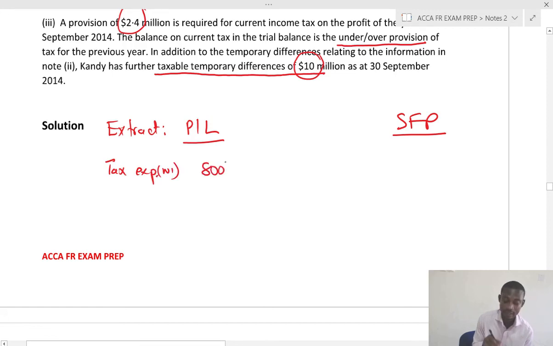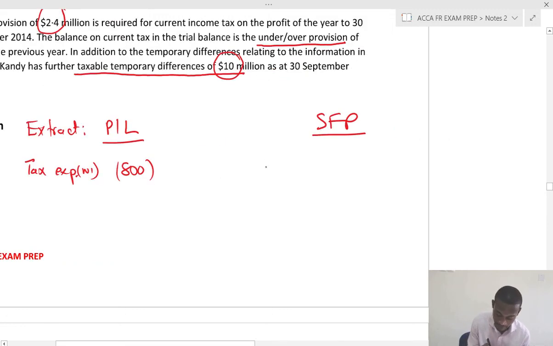So very important exam technique. I hope that these illustrations would go a long way to help you understand how we account for the deferred tax and current tax, and how we present this movement on the face of the financial statement.